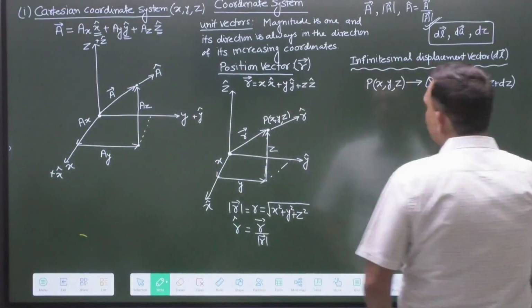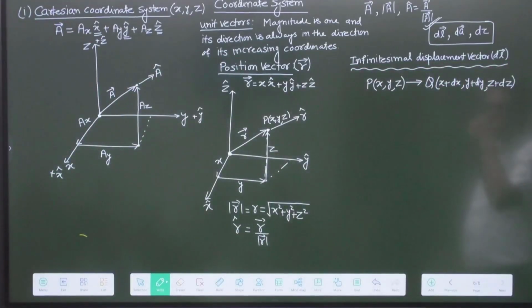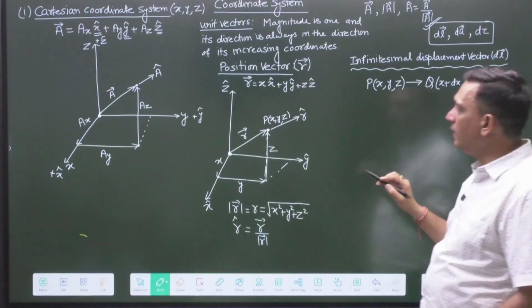So X changes by dx, Y changes by dy, and Z changes by dz.